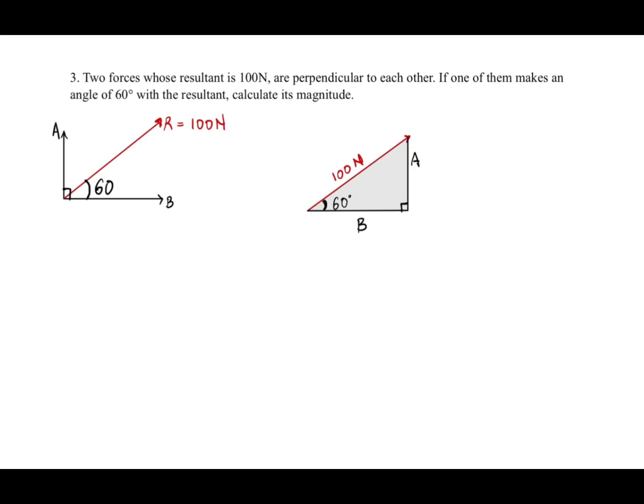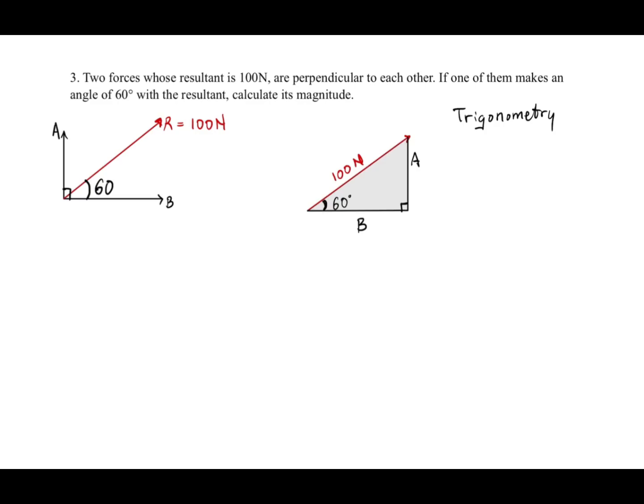And so we'll now say that the distance between this point and this point is 100. And so now we could apply our laws of trigonometry to solve this problem, where we have the angle and we have the length of the hypotenuse, and we're looking for the length of B.